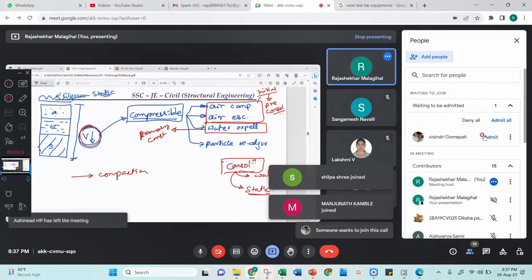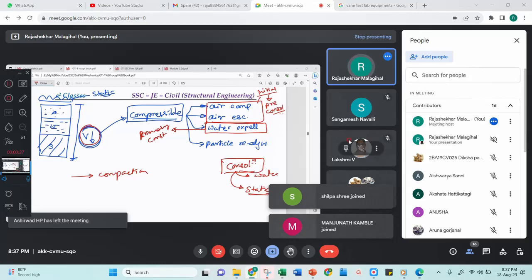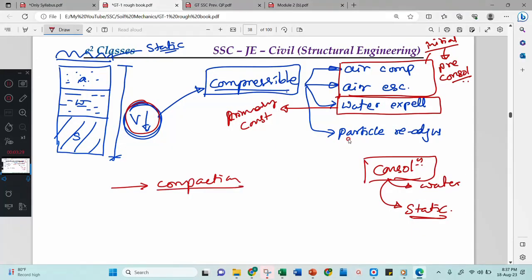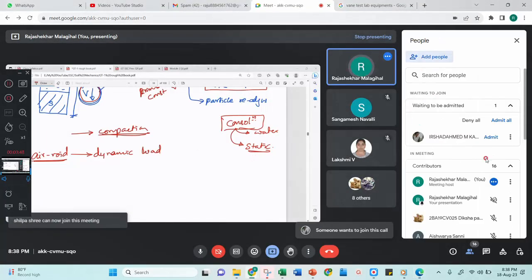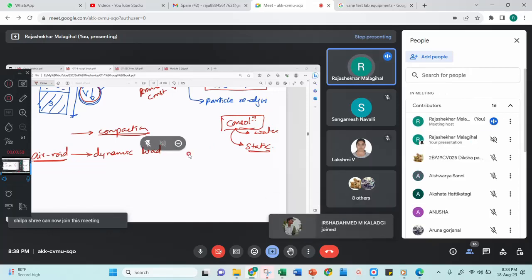That's why here I am using a new word, compaction. In compaction, we are removing air voids. We are not touching any water voids. We are removing air voids by applying dynamic load.